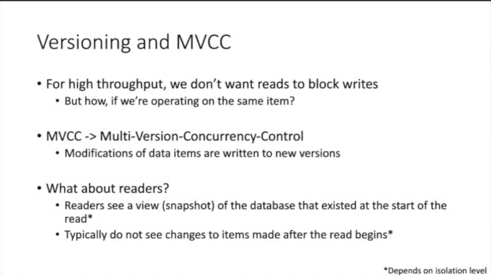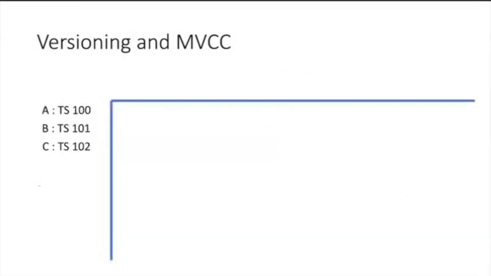And instead of overwriting a pair or an item or a row in place, what we can do is write new versions of the item, and readers will see an old version when the read begins. So readers can see a view or a snapshot of the database, while other writers can update the same item or row, but the readers see the consistent view. And this depends on how the database is configured or the isolation level.